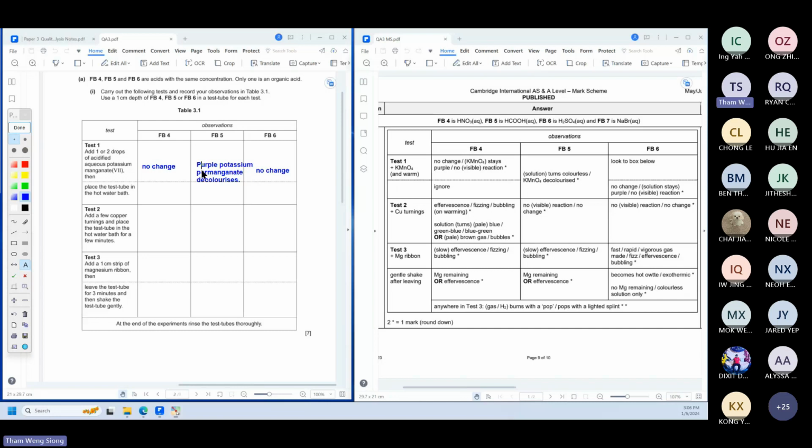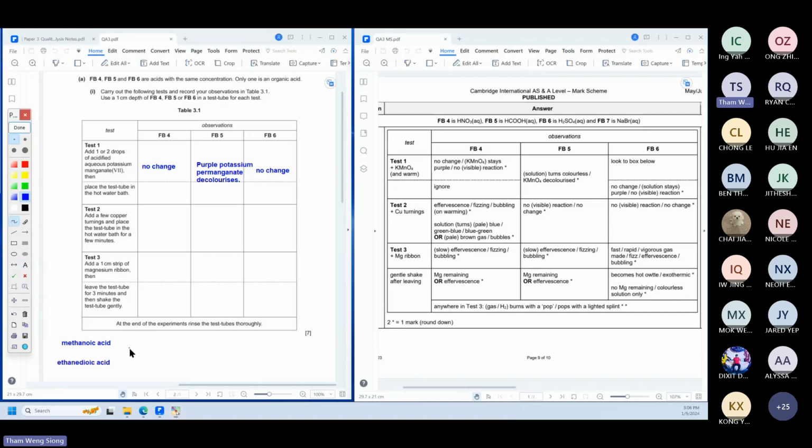This is in A2. In A2, you're going to learn there are only two types of carboxylic acid that can get further oxidized. The first one is methanoic acid. The second one is ethanedioic acid.